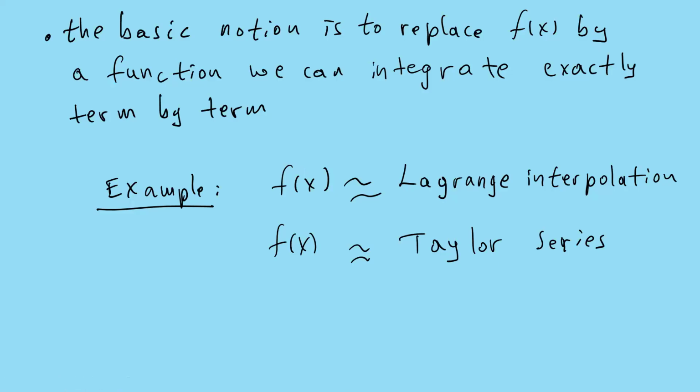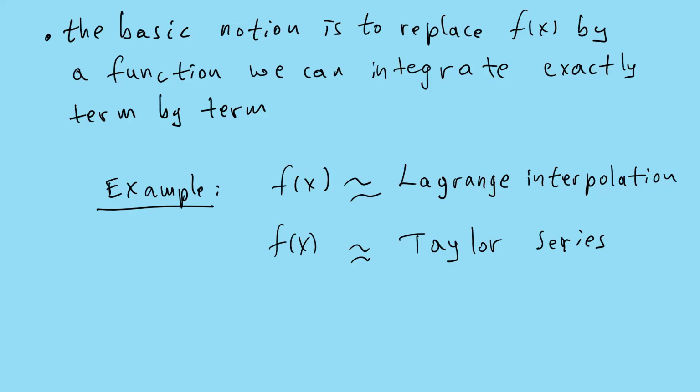The basic notion is to replace f of x by a function we can integrate exactly term by term. We can estimate f of x by Legendre interpolation, Lagrange, or Taylor series.